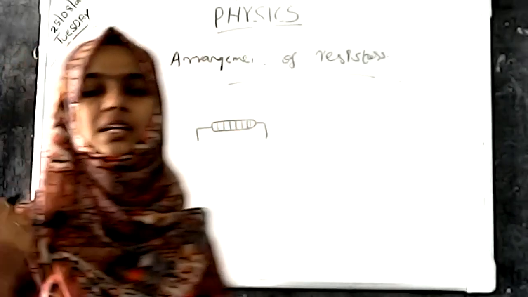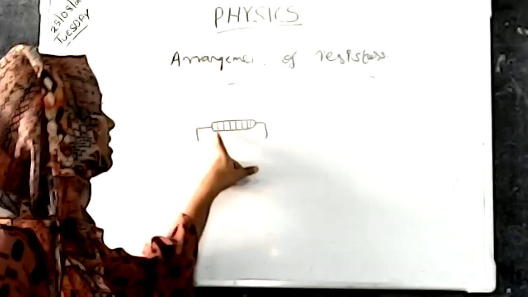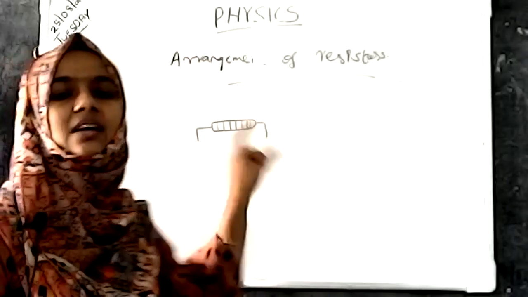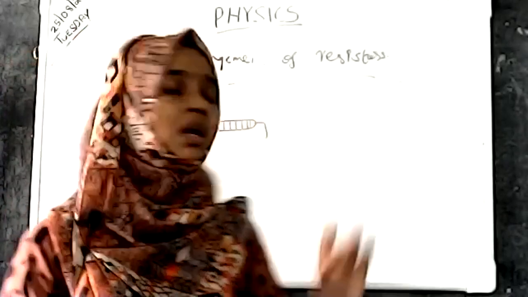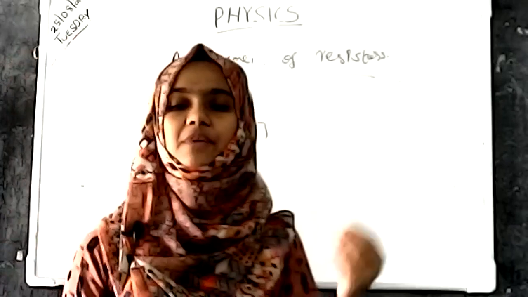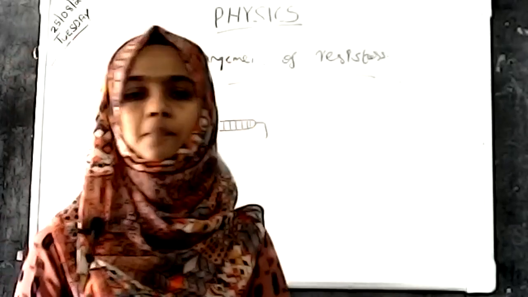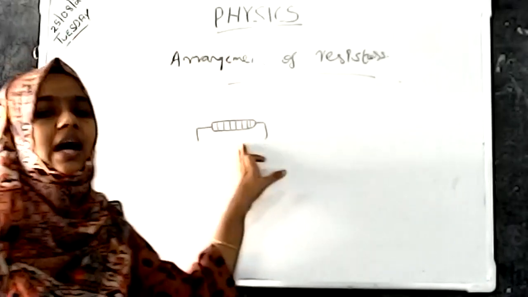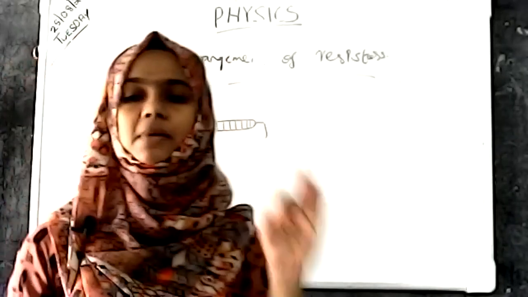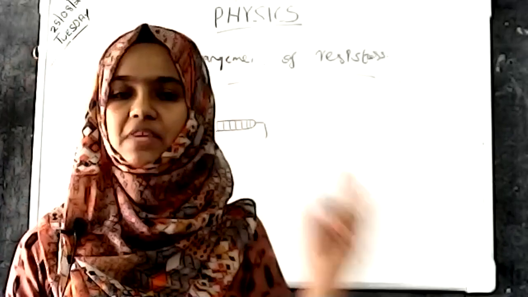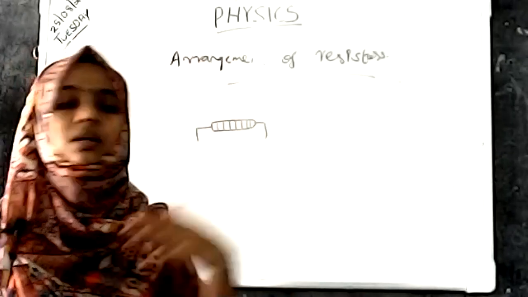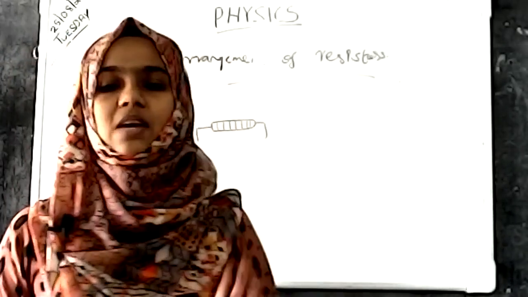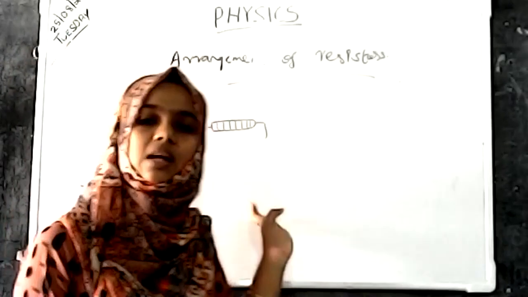Each of these lines is in a different color, and each color shows a value. Each color has a different value on a resistor. For counting all of those colors and identifying the values of each color: if a red line is on the resistor, red has a value; if silver color is on this resistor, silver has a value.